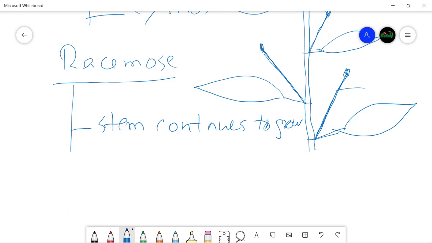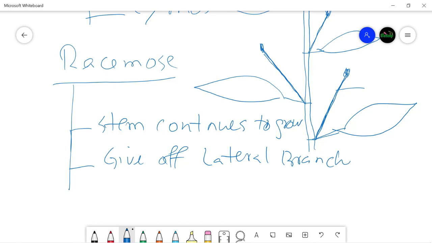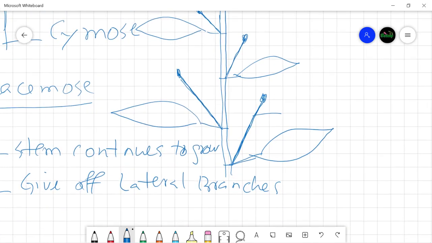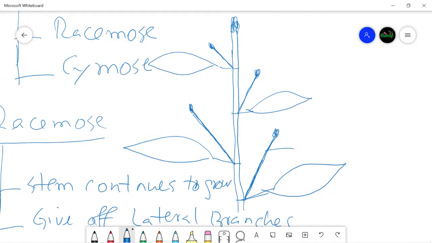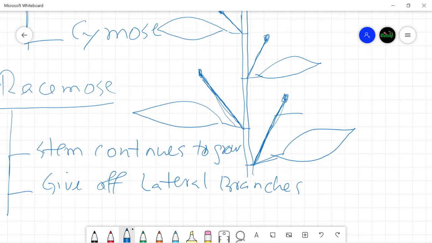somewhat indefinitely and gives off lateral branches. Now, as you notice in this small diagram, the branches are mostly smaller than the main stem. The main stem is of much larger size or length, whereas the lateral branches do not exceed the main stem in size. They usually remain smaller in size than the main stem.